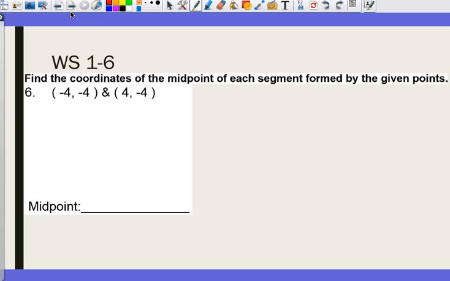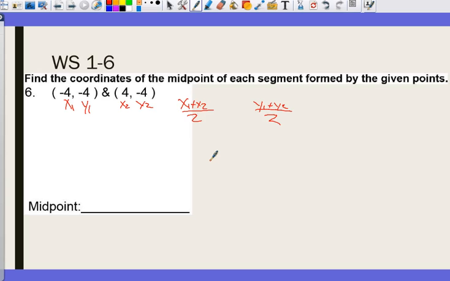All right. First, this has an x and a y component to it. So we're going to say x1, y1, x2, y2. We're going to plug these in. We have two formulas, x1 plus x2 divided by 2, y1 plus y2 divided by 2.